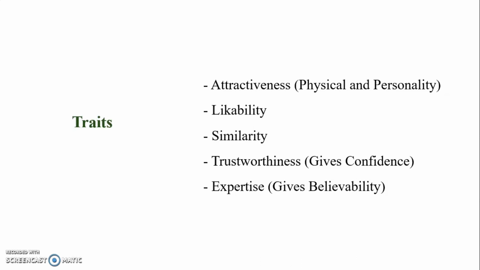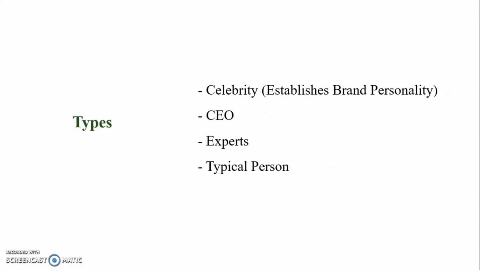having attractiveness and likability. For example, if you think about any insurance ad or any ad for financial services such as banks, you will be able to see a CEO coming and talking about the particular brand. Experts are someone who belongs to a particular field from where they will be able to represent the particular product really well, such as a doctor coming and representing a product such as toothpaste and so on.